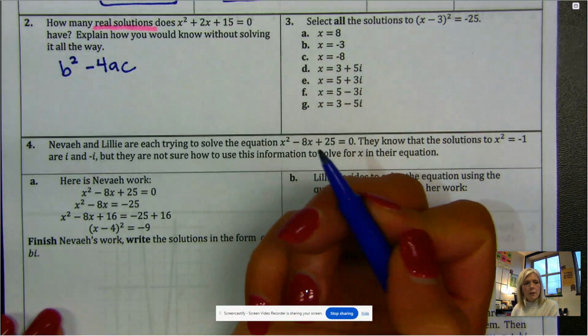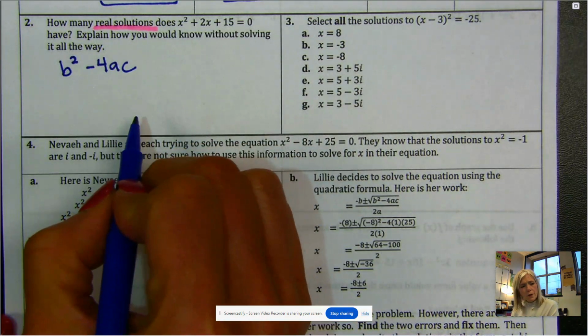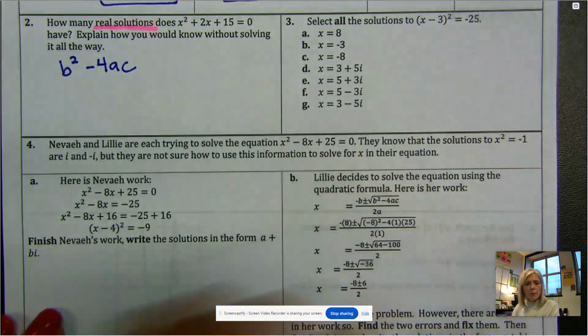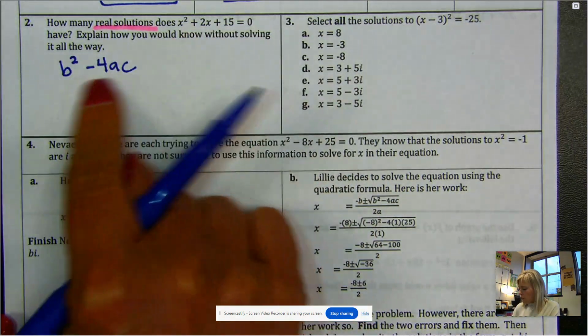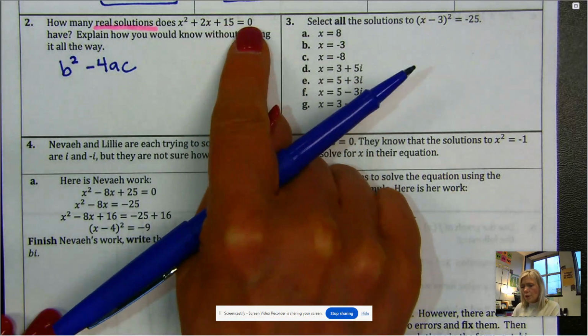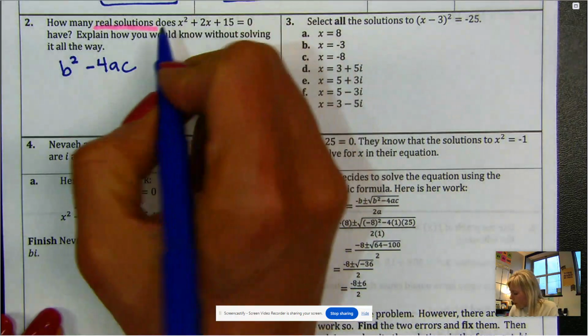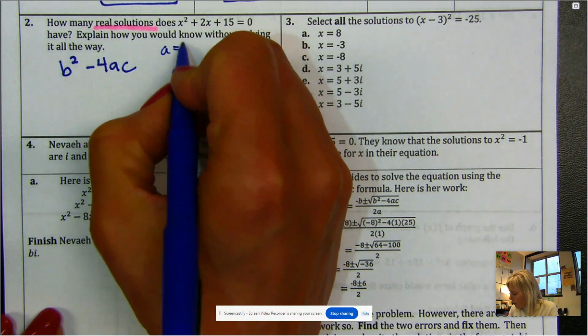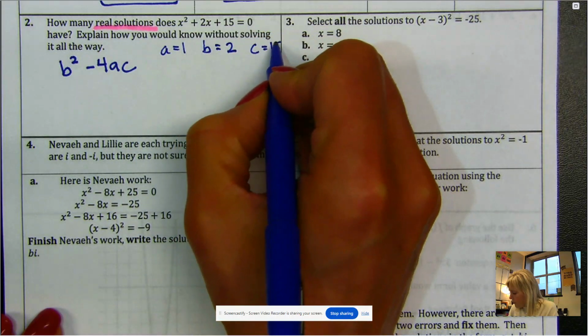And the discriminant would allow us to know how many solutions a function or an equation has and whether they're real or complex. So we're going to use just this part of the quadratic formula. The equation is already equal to 0. So that means a is 1, b is 2, and c is 15.